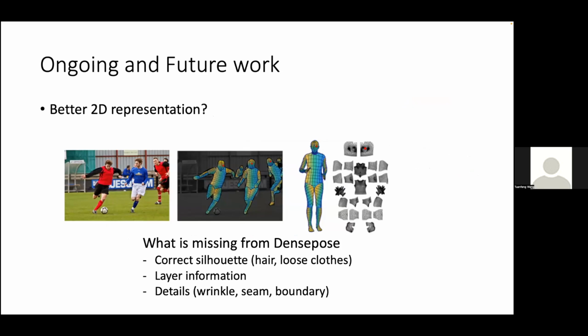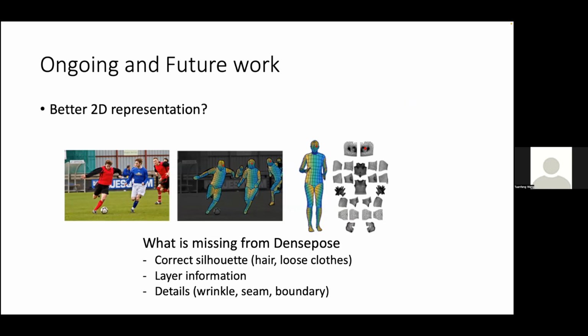Another topic to explore further is a better 2D representation. As you may see, for both of the works, we're using DensePose to get the dense 2D UV coordinates of the appearance, but this is not perfect. There are a lot of issues. For example, the silhouette is not correct.